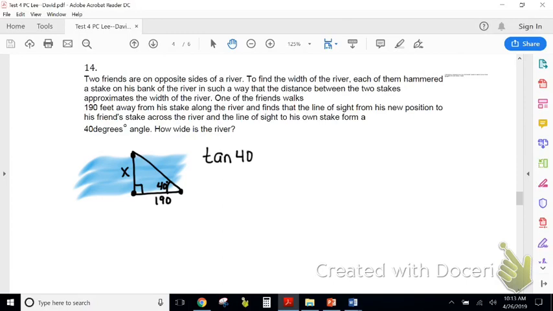So tangent of our angle is equal to opposite over adjacent. And so x is equal to 190 times tangent of 40. All right, so what is the width of the river? 159.4 feet.